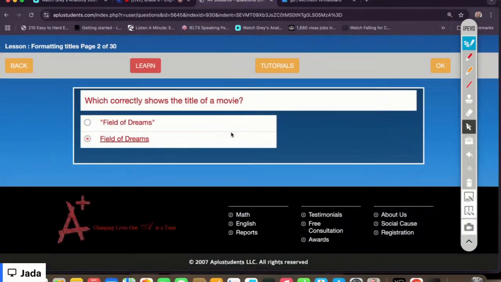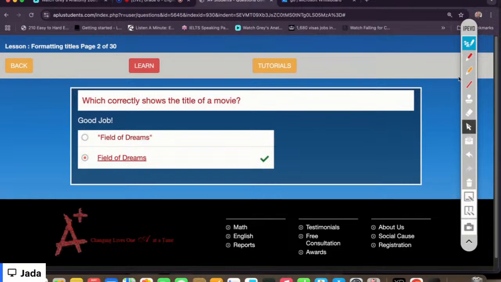All right, so for the movie, we have the underlined one. So that will be the second.